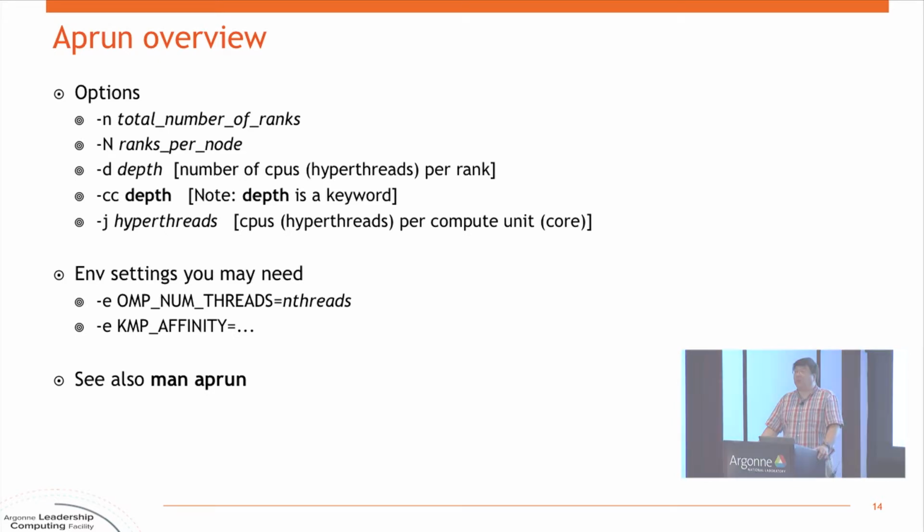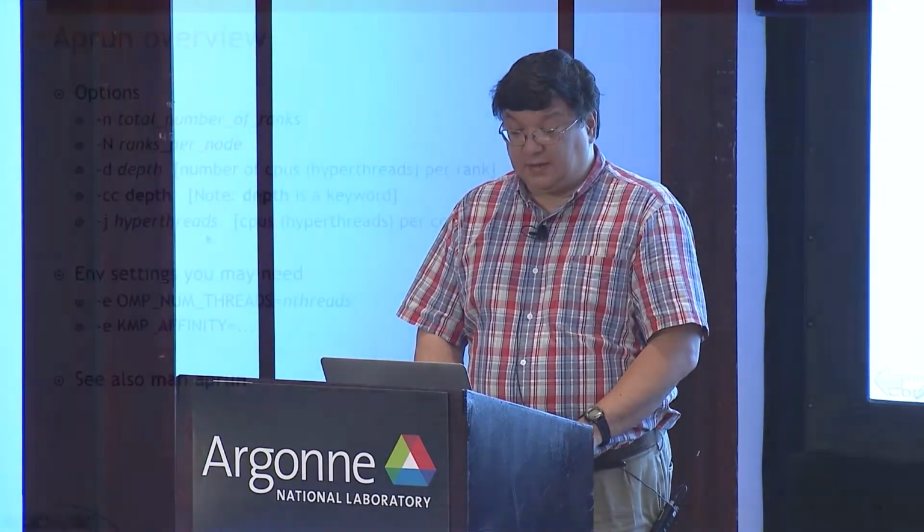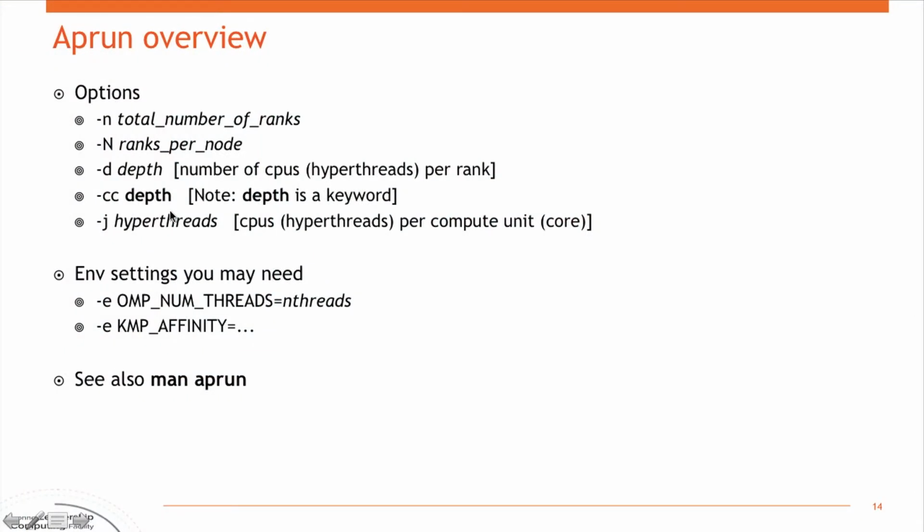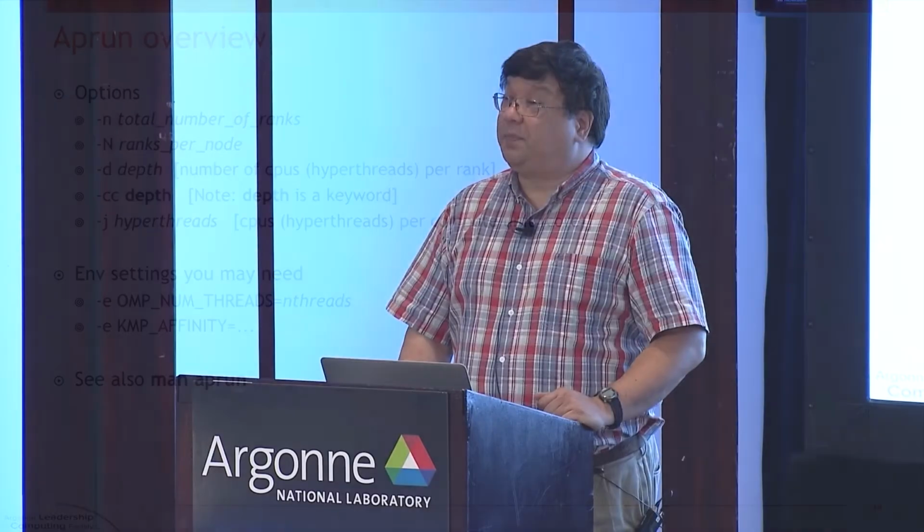Generally you wouldn't. In the simple cases, you'd like to select cc depth. Depth is a keyword. It's not a number to replace. I put it in. Does the pointer show? Yes, it does. Okay. And there are some example scripts and programs that you can try that are in the supplemental links.